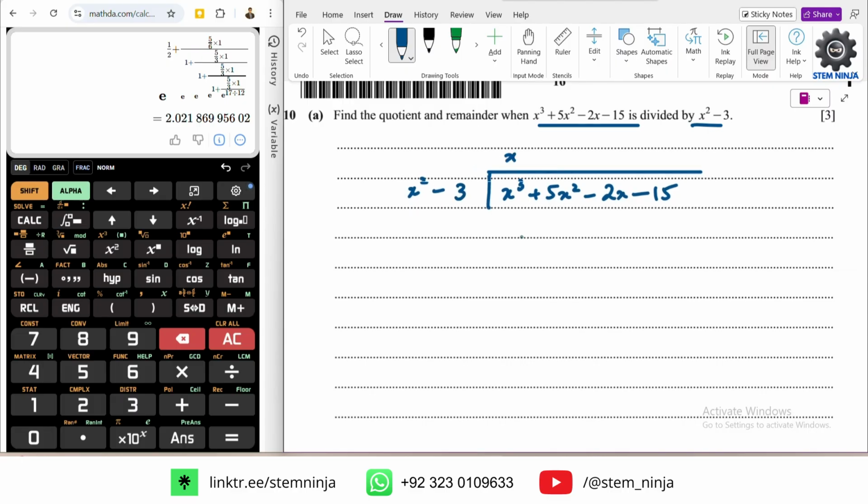So times by x, this would get us x cubed minus 3x, like this. So minus plus, this cancels out, and we get 5x squared plus x.